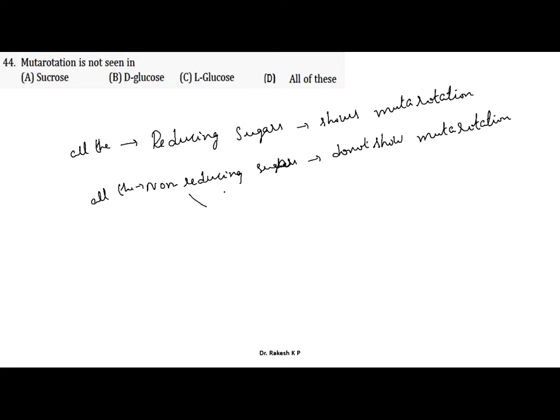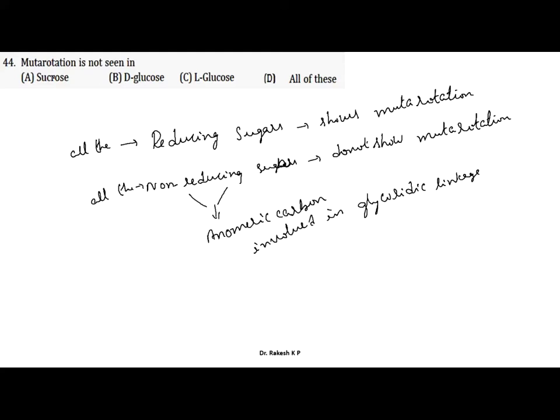But if we're talking about a reducing sugar, out of the two anomeric carbons one will be free, hence because of that they show mutarotation. But here both anomeric carbons are involved in the glycosidic linkage.